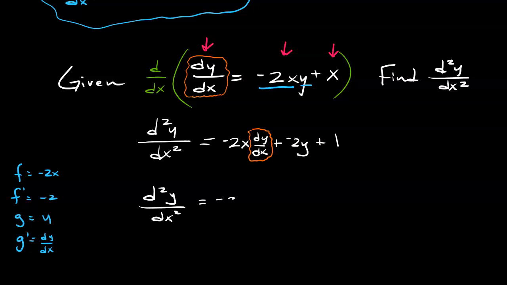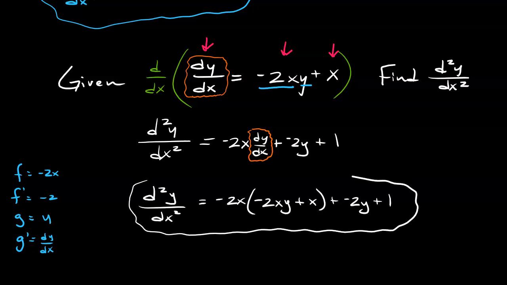They would take the equation for dy/dx and put it in place of dy/dx so that your entire second derivative could be written in terms of x and y. You can multiply that out and simplify it however you want, but the mathematically correct second derivative would be in terms of x and y only.